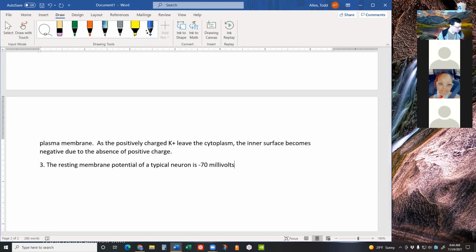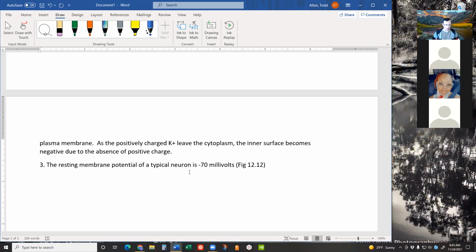You see that in figure 12.12. The resting membrane potential of a typical neuron is minus 70 millivolts. Well, what are the factors that help maintain that minus 70 millivolt membrane potential? What is contributing to that?